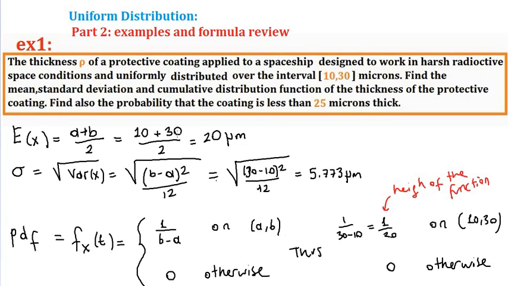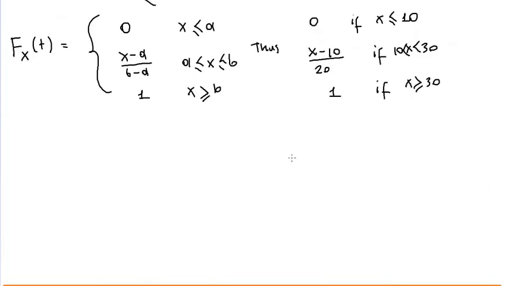Now we're going to find the probability that the coating is less than 25 microns thick. Let's solve this problem graphically. Our uniform distribution function is supported on 10 to 30, and we have some height of the function here.